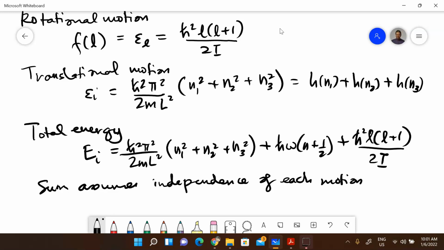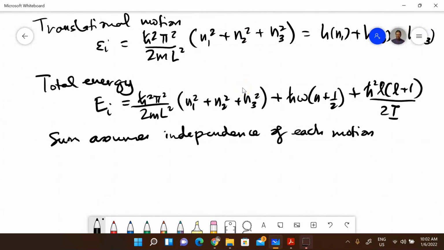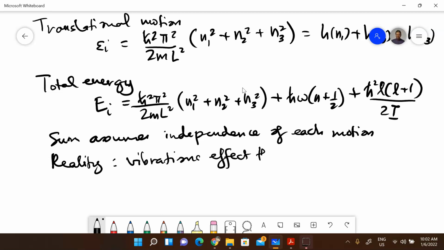Not quite, because in reality your vibrations affect the rotations. Why? Remember, the rotations depend on the moment of inertia.